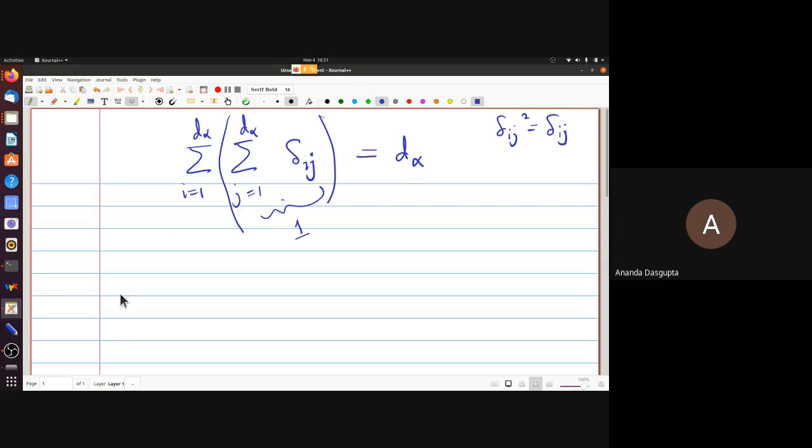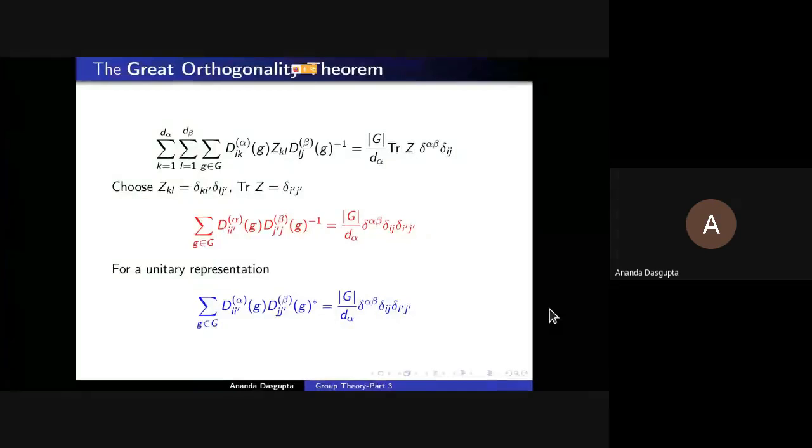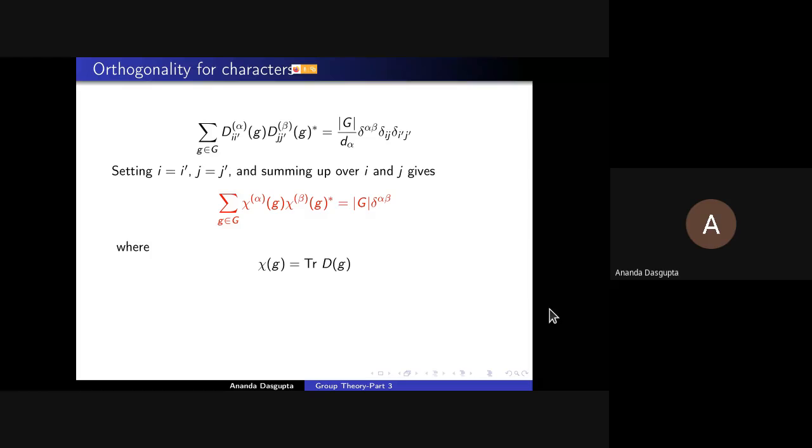So basically when you do this, the d alpha in the denominator cancels out, and you end up with a final result which is rather simple and also quite sprightly. You just get this: sum over all group elements chi alpha g, chi beta g star, is simply mod G delta alpha beta, where chi g is nothing but trace of D g, the character.